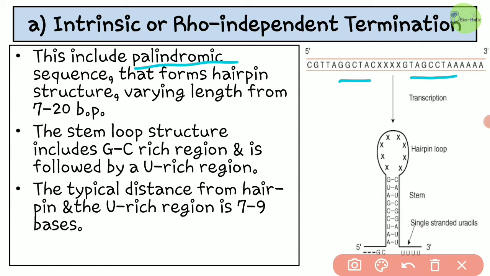That's why those complementary bases can pair with each other and form a hairpin-like structure. So the stem loop structure includes a GC-rich sequence, okay, and is followed by a uracil-rich region. The typical distance between the hairpin-like structure and the U-rich region is 7 to 9 bases. Clear?